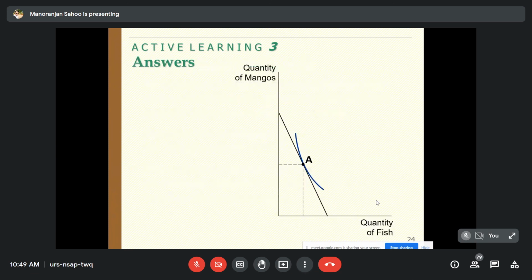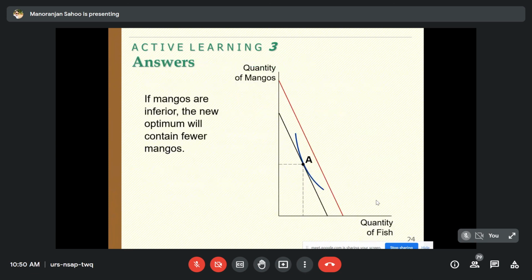In this example, we have taken fish and mango, where we are assuming mango is an inferior good compared to fish. Now, if your income increases, as we know, there will be a negative income effect upon the inferior goods.